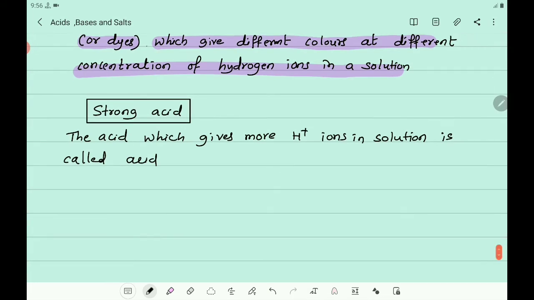So strong acids undergo complete dissociation in water, forming more H plus ions.